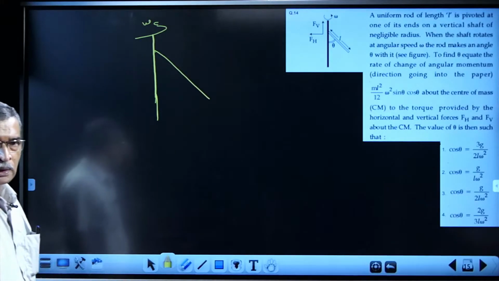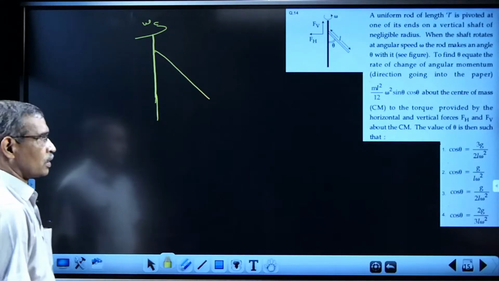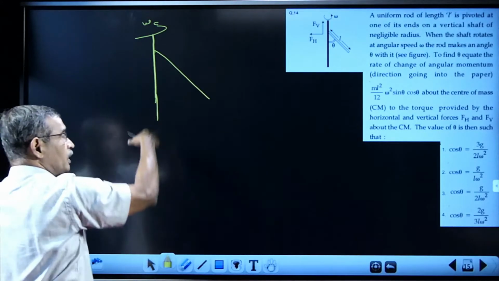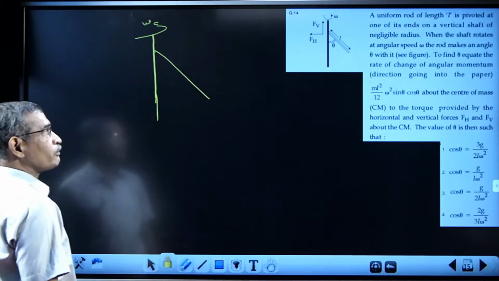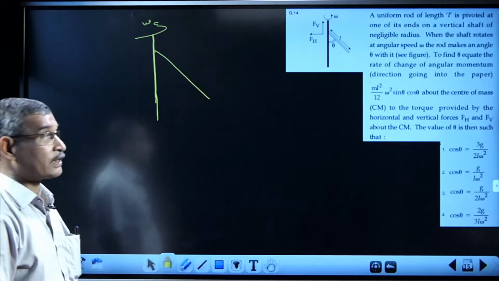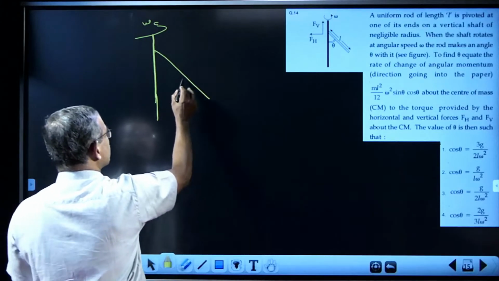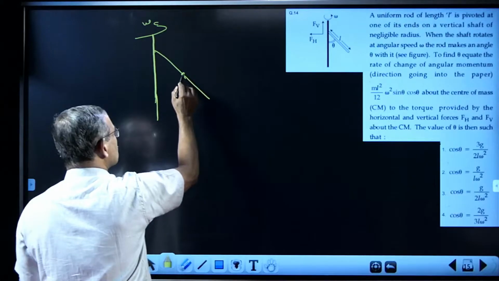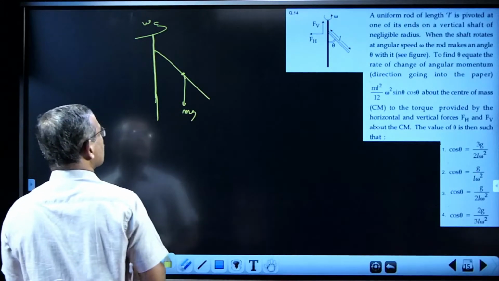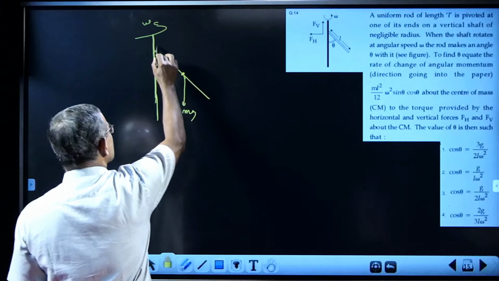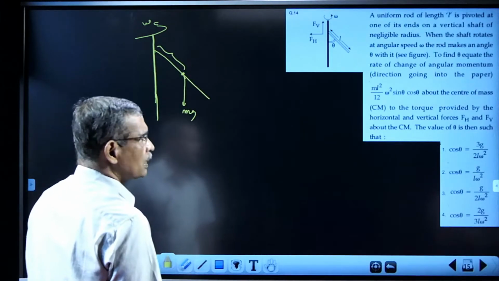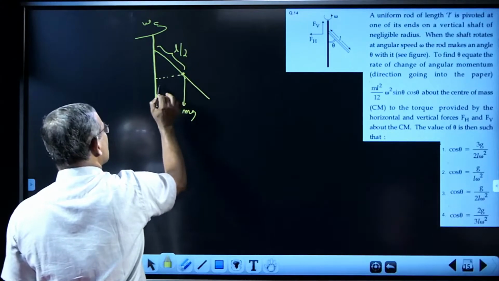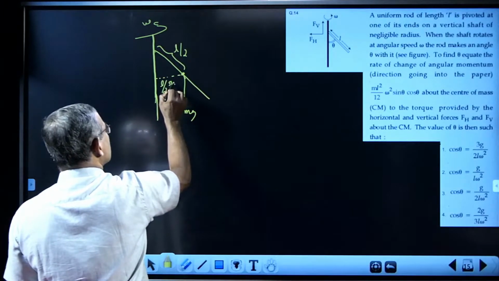Why? Because there are two torques. One is due to a vertical force, that is the gravity force, and we have to calculate that torque. The vertical force is mg downward. This distance is L by 2, and therefore this distance is L by 2 sin theta.